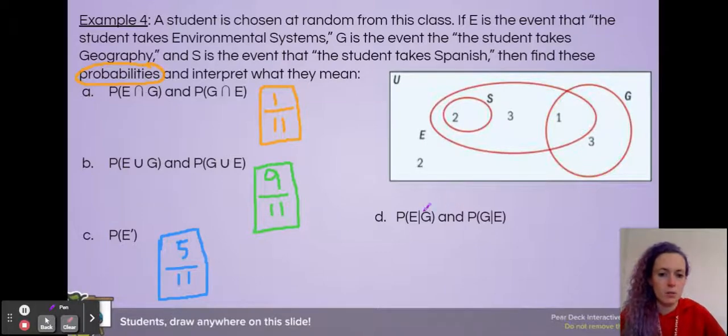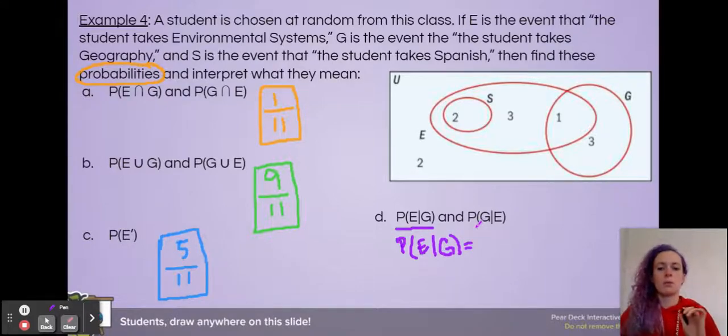And finally, part D, we're looking at the probability of E given G and G given E. So let's focus on environmental systems given geography first, because these two are going to be different. So when I look at the probability that someone took environmental systems given that they took geography, I'm going to always focus on the given piece first.